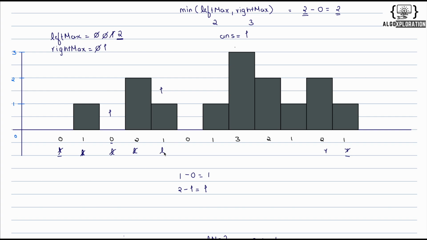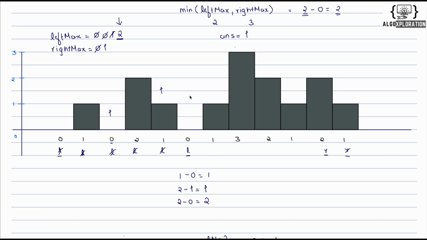Okay, after calculating, move the pointer. Again compare, whether L is minimum or R is minimum. Here in this case also L is minimum. Then again compare, is my left max maximum or not? Yes it is. So subtract 0 from left max. So 2 minus 0, it will be 2.